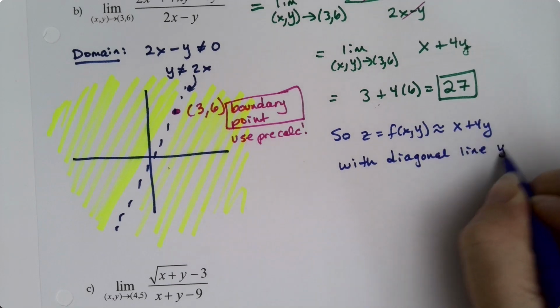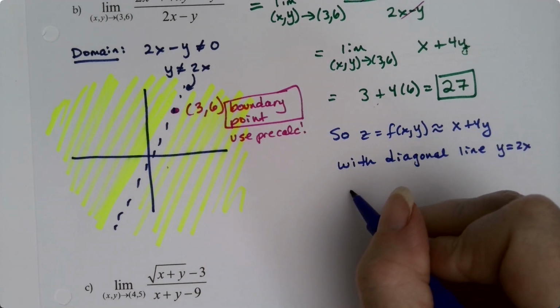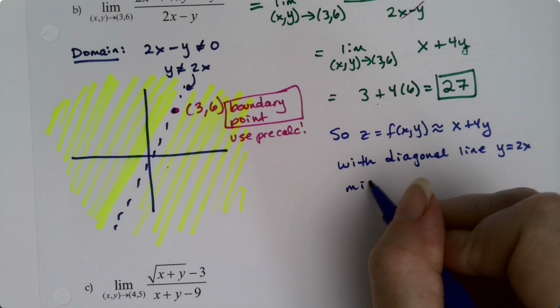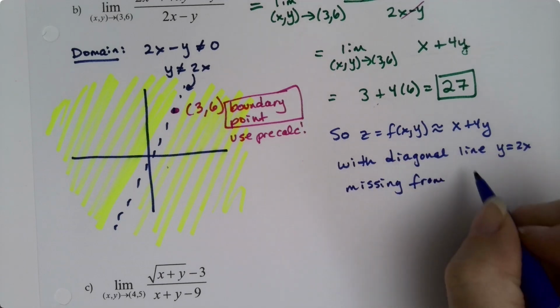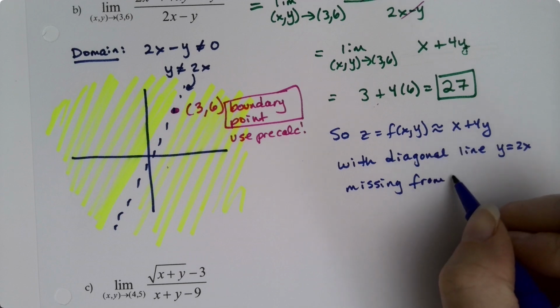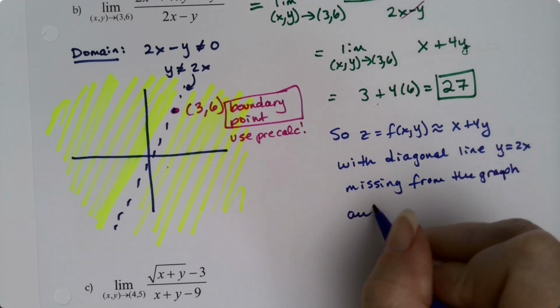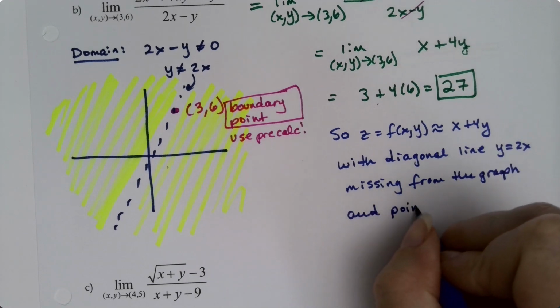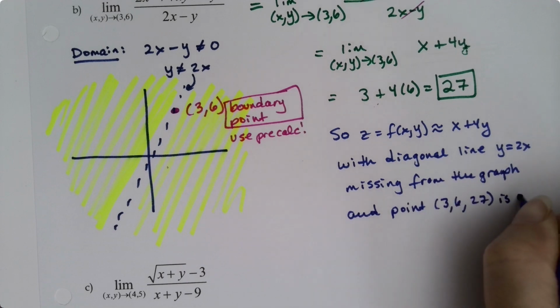Right, the diagonal line of y equals 2x missing. And the point we found, (3, 6, 27), is on that missing line.